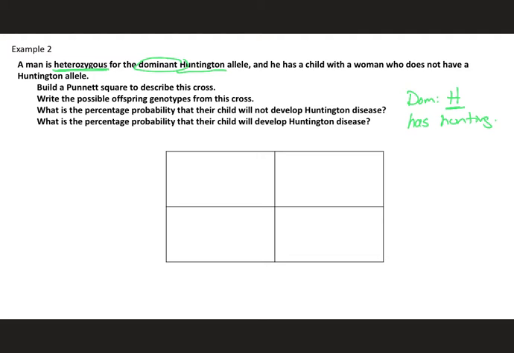Now, most people, and it's important you realize this, I can write out 2 genotypes for someone who has Huntington's. You can have heterozygous, which this question says, where it's a capital and a lowercase, or I can have a homozygous dominant. Now, if I have a homozygous dominant for this, I am likely not going to survive at birth.